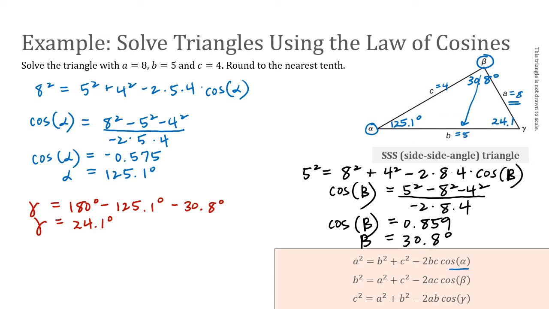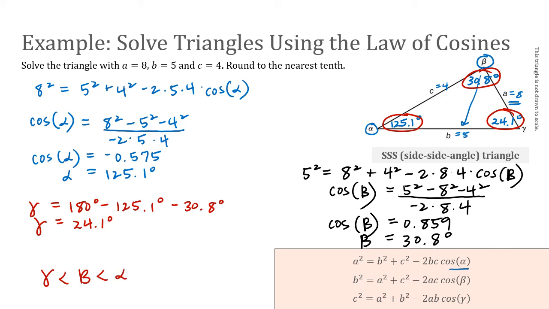Gamma is 24.1 degrees. And the last thing that I can do is check to make sure that the largest angles are across from the largest sides. So I said 125.1, that would be first. And then the smallest would be gamma. So the order here should be that gamma is less than beta is less than alpha.